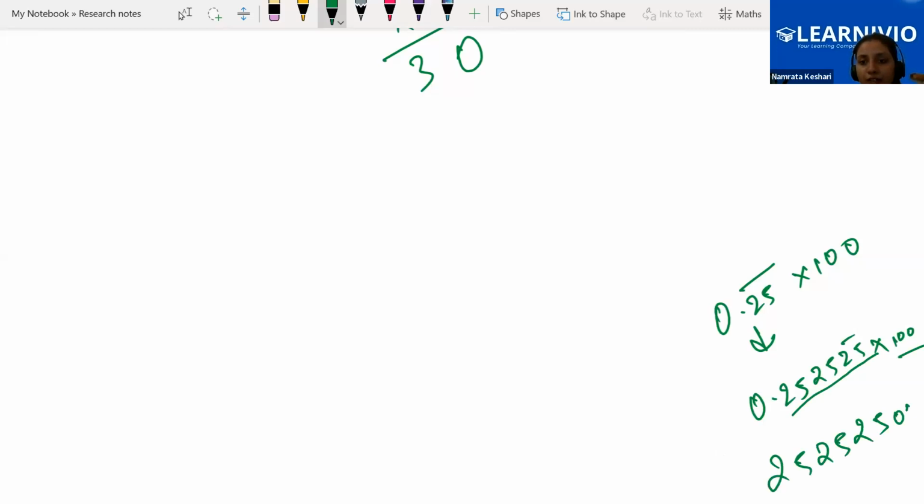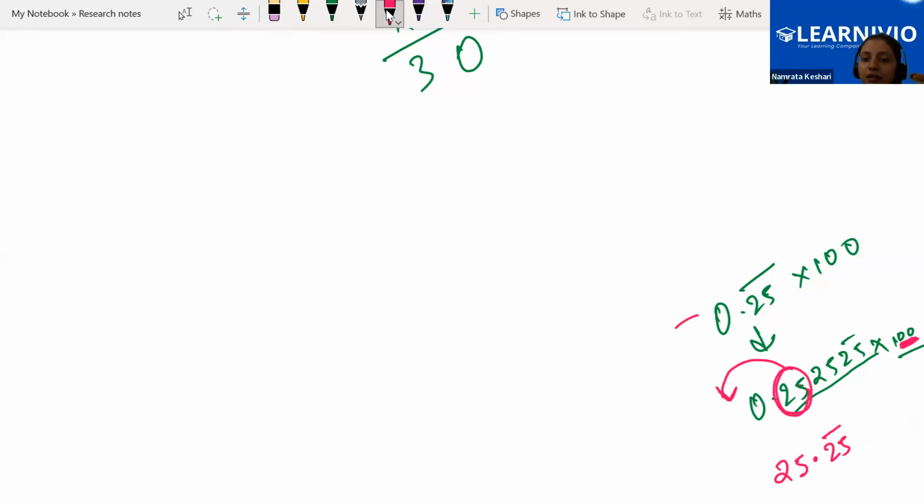Okay, here it is not working. Let me explain another way. These two digits will come in front, because two zeros are there. Two zeros will absorb two digits, so you will have 25.25 bar.